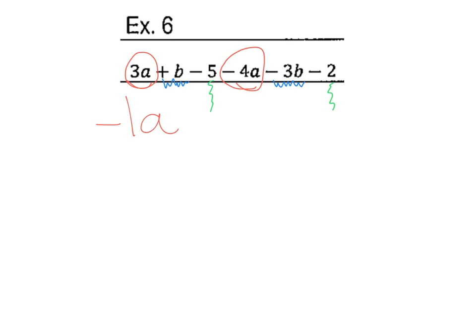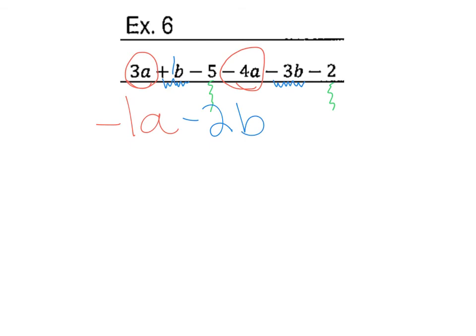Good. Now I'm going to go to b's. Okay, I got a 1b. This is a 1b right here. And then there's a negative 3b. I zigzagged them. A positive 1 and a negative 3. 1 minus 3. Negative 2b.